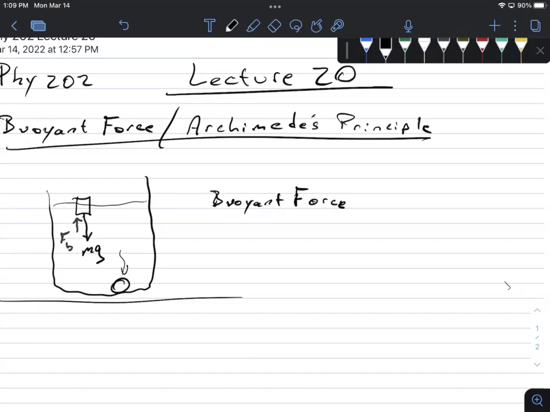Or maybe the more mass an object has, the less the buoyant force is. Or maybe it's the size. Maybe larger objects have a higher buoyant force and smaller objects have a smaller buoyant force. These are all different possibilities which may explain what's going on here. So let's investigate what's really going on.